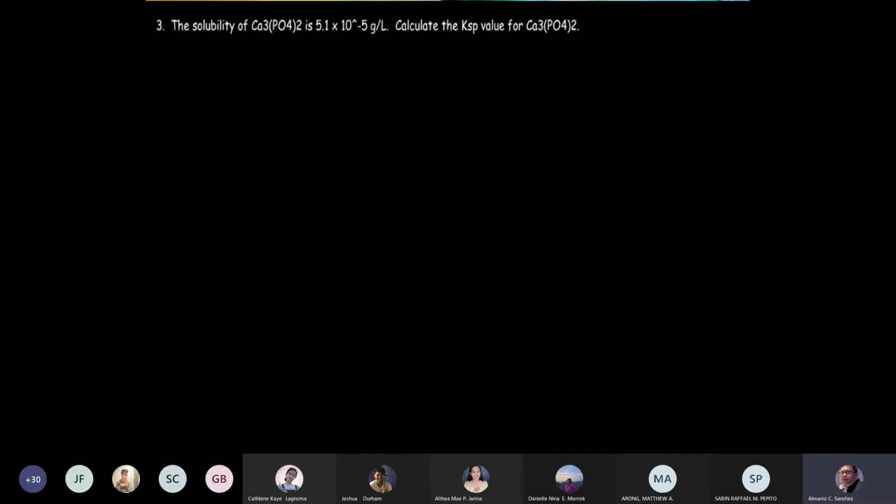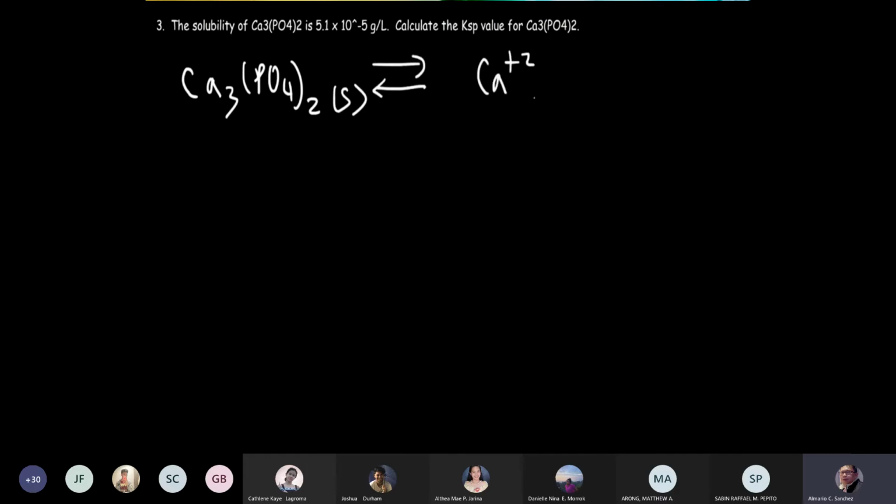Number 3, the solubility of calcium phosphate is 5.1 times 10 to the negative 5 grams per liter. Calculate the KSP value for calcium phosphate. So like before, let's start out with a reaction. So we have solid calcium phosphate, and it's going to ionize into the calcium 2+ ion, which is in the aqueous phase, and also the phosphate ion.